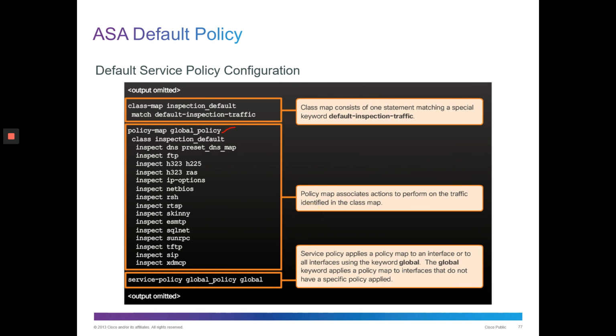This is your global policy, and it is basically inspecting each of the services that you have. For example, FTP service or TFTP or any other services listed here, they will by default inspect those packets, or all the traffic which is passing through your firewall.